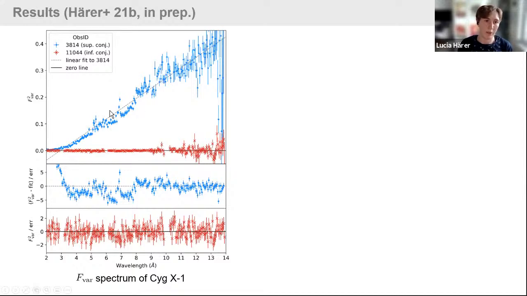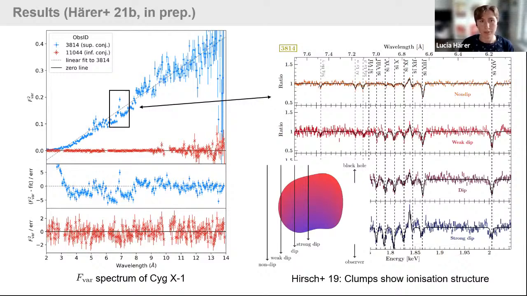Especially you might notice this feature here just below 7 angstrom, sorry, 7 keV, no, angstrom. This region corresponds to the silicon line region, which was used by Hirsch et al. to study the ionization of the material in the wind, depending on the depth of the dip in the light curve that I showed you before.